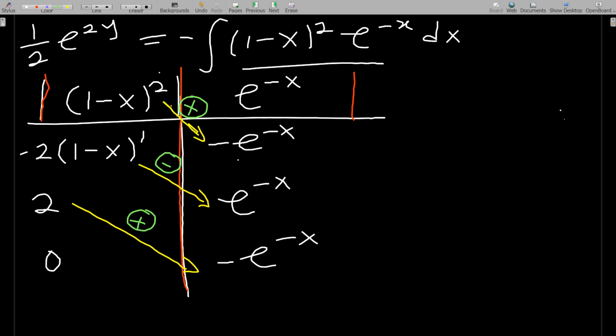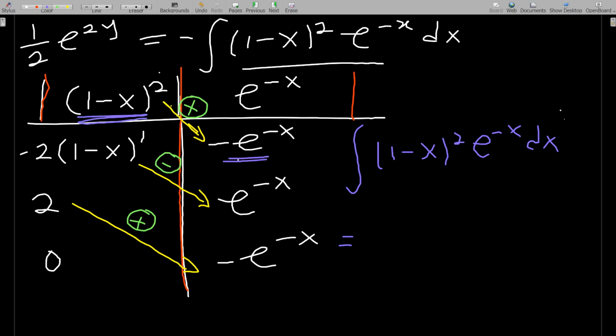So it means that the whole of this integration, (1 minus x) all squared e to the minus x dx, would then be equal to, I multiply the first two terms by a positive. So when you multiply this and (1 minus x) to the power 2, you still have minus e to the negative x (1 minus x) squared.